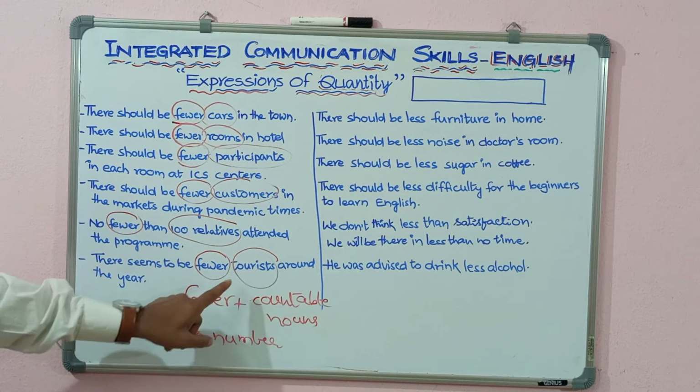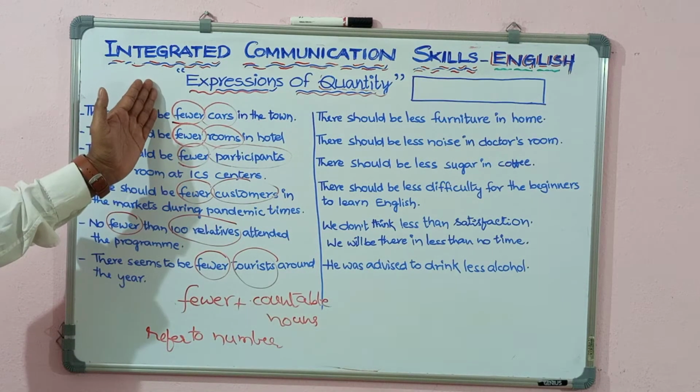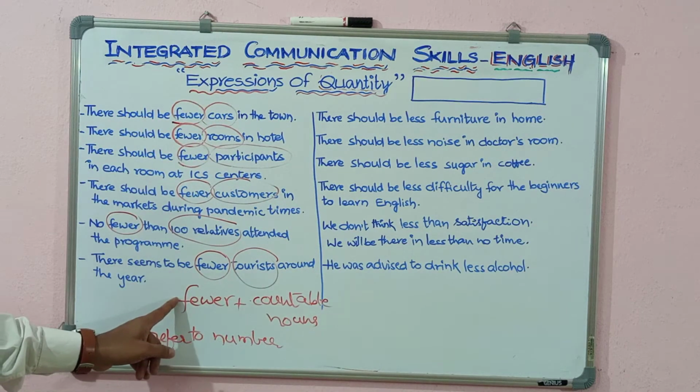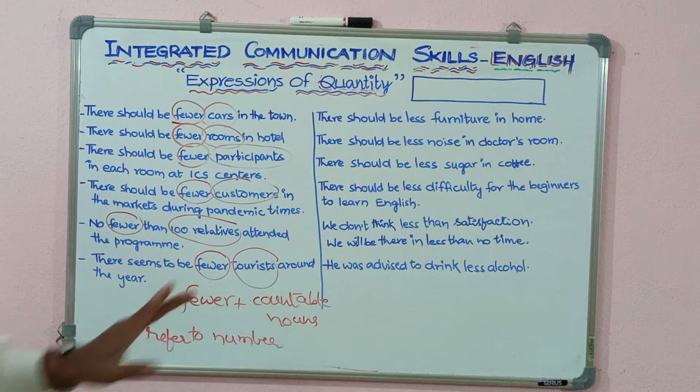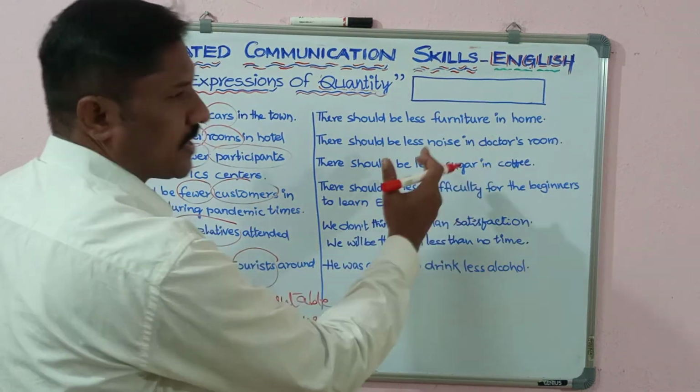Fewer tourists, countable plural noun. So we must use fewer with countable plural nouns. When we use fewer with plural countable nouns, it refers to number. Come to the sentences on the right side.